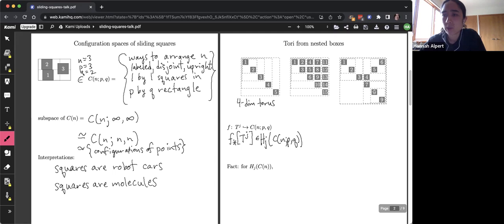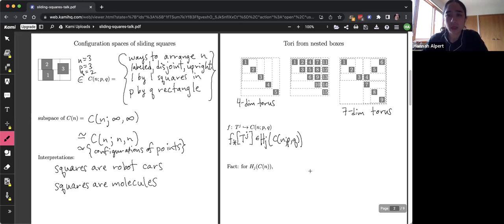So in this case, we get a 7-dimensional torus. That can give us some homology in places where we might not have expected to get it if we thought that we could only do these other ways.